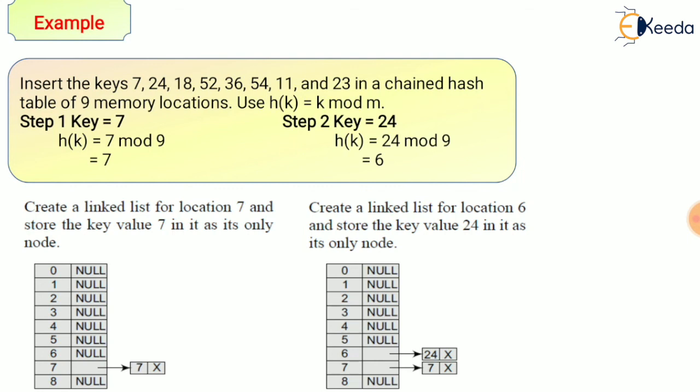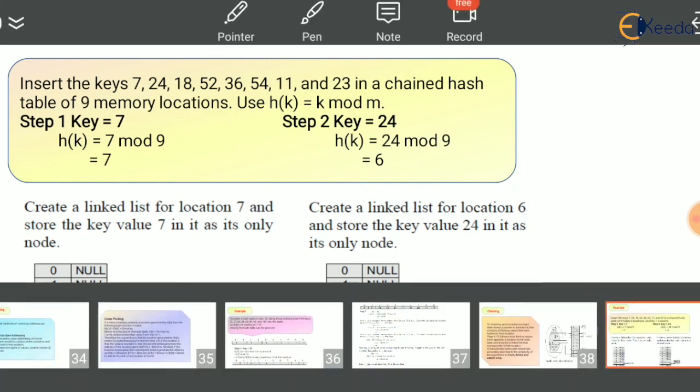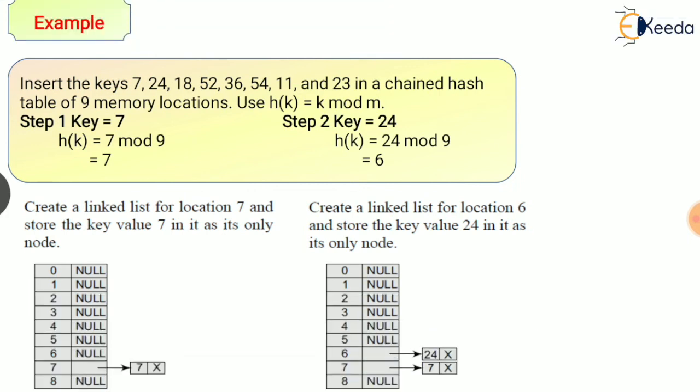So in step 1, the key is equal to 7, h(k) is 7 mod 9, which is equal to 7. So here we take a linked list. Initially this linked list is empty.